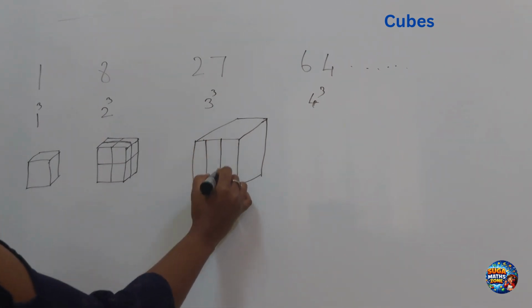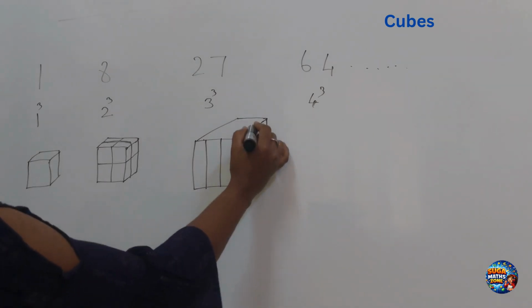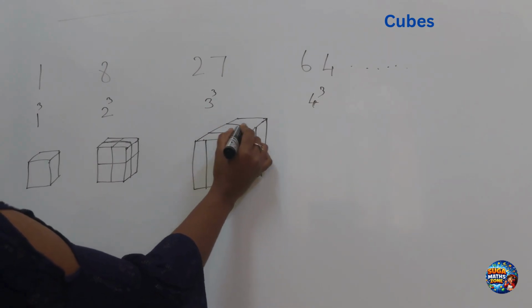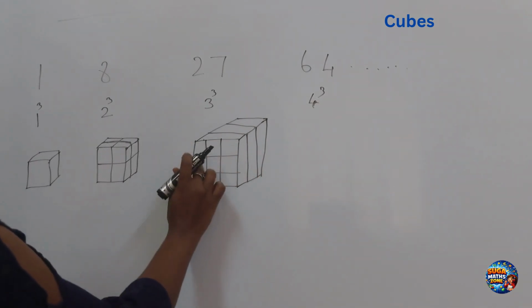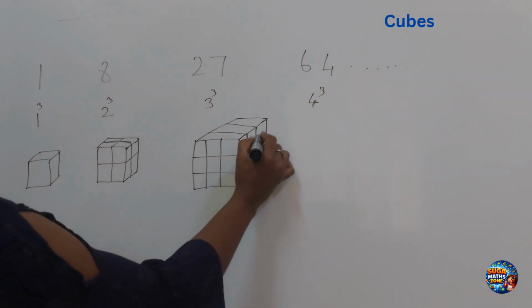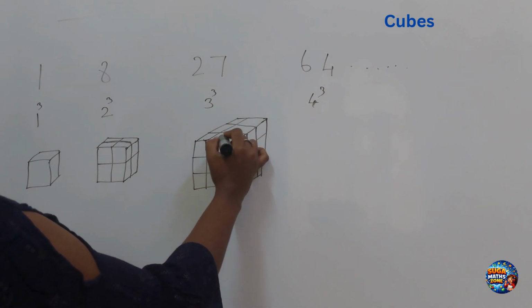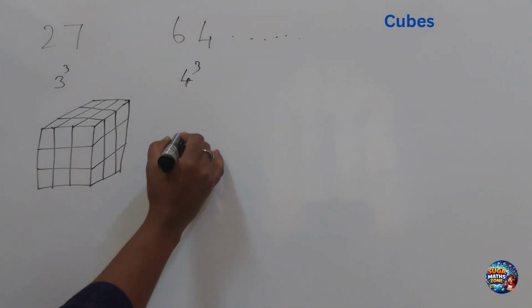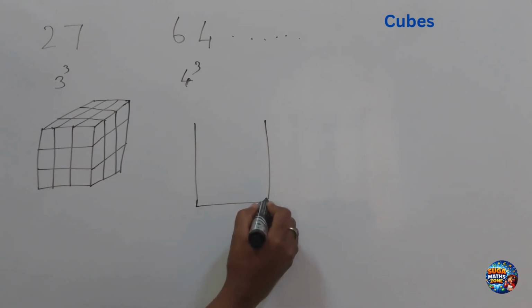1, 2, 3. Then again 1, 2, 3. On the upper side, 1, 2, 3. Here also 1, 2, 3. Join these lines, and we get the 3 cube. Then 4 cube. You just draw a bigger cube.